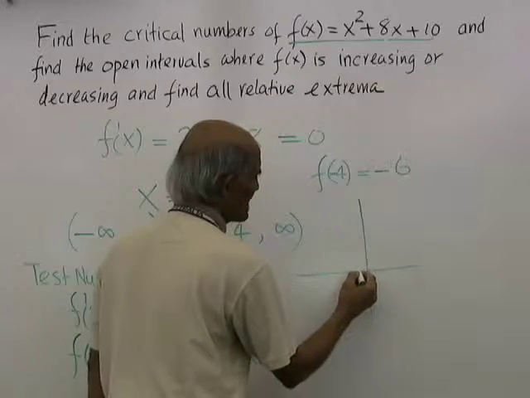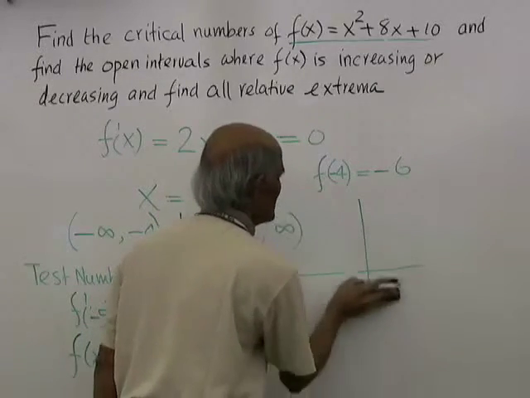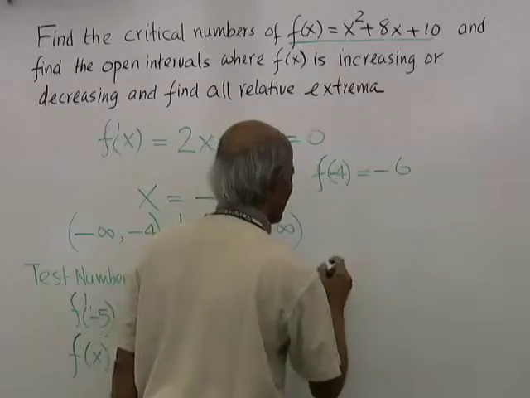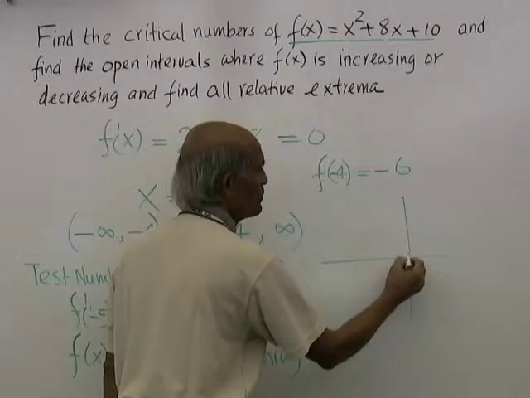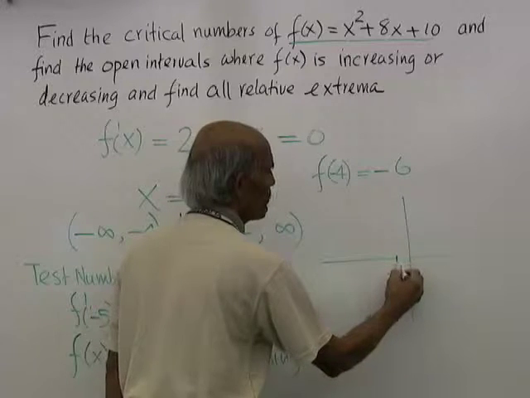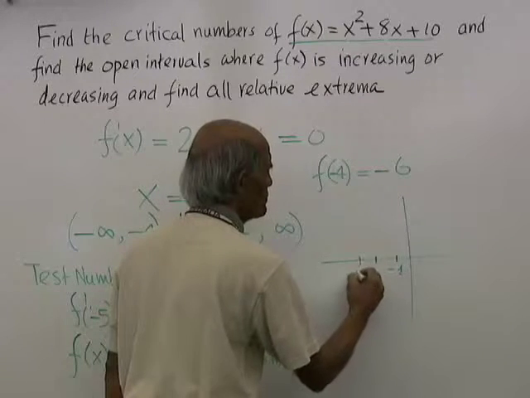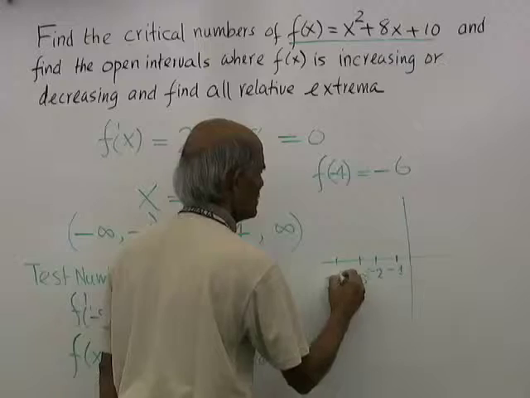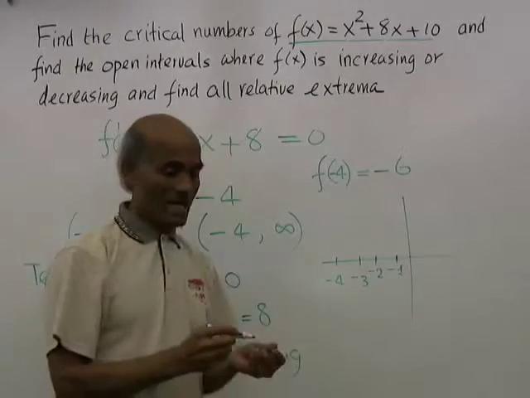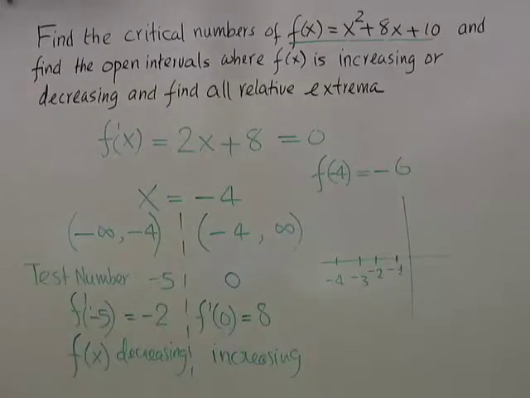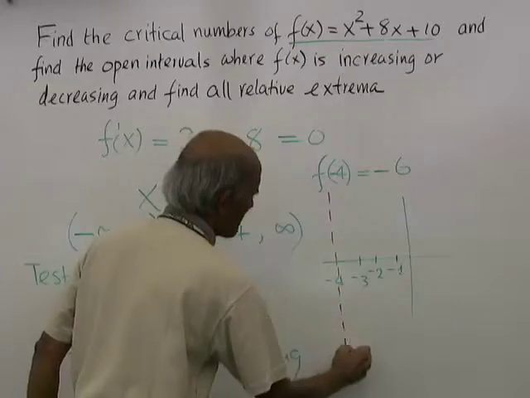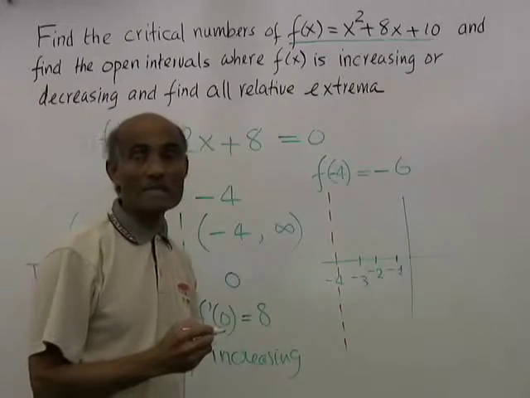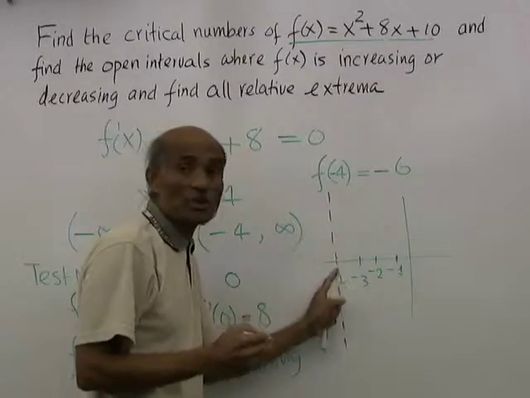I'm going to do that in a small fashion here. Let me draw that like this. That's x equal to 0, x equal to -1, -2, -3, -4. And how does the function behave? Well, at x equal to -4, I'm going to put a vertical line. Why is that? That is our critical number.